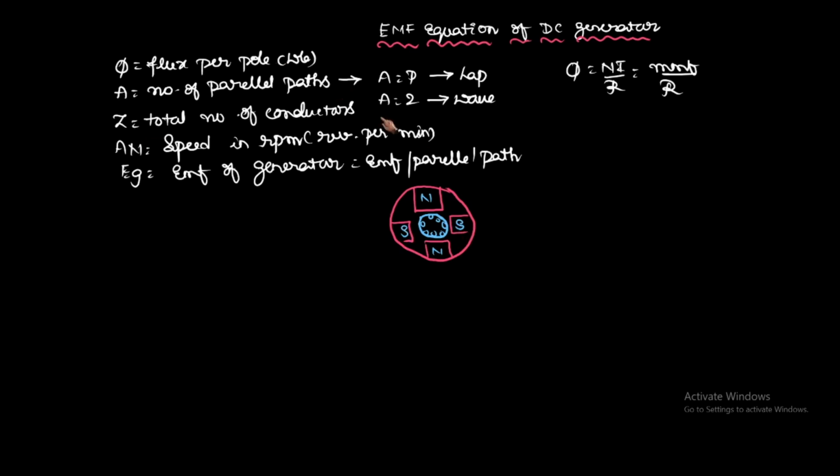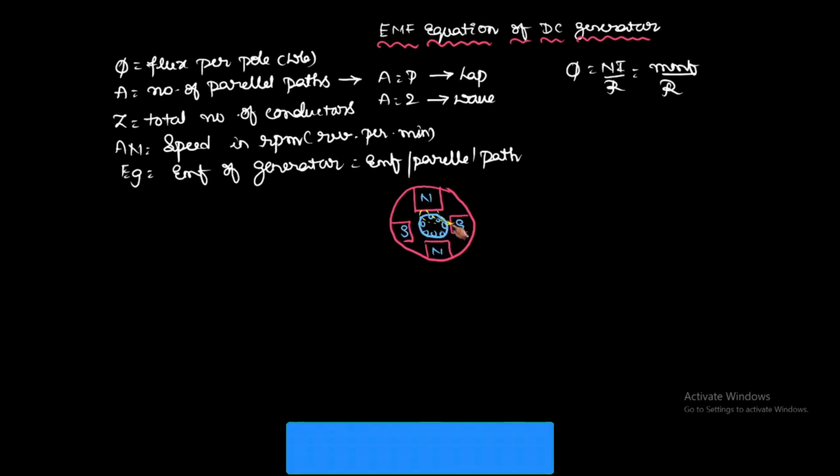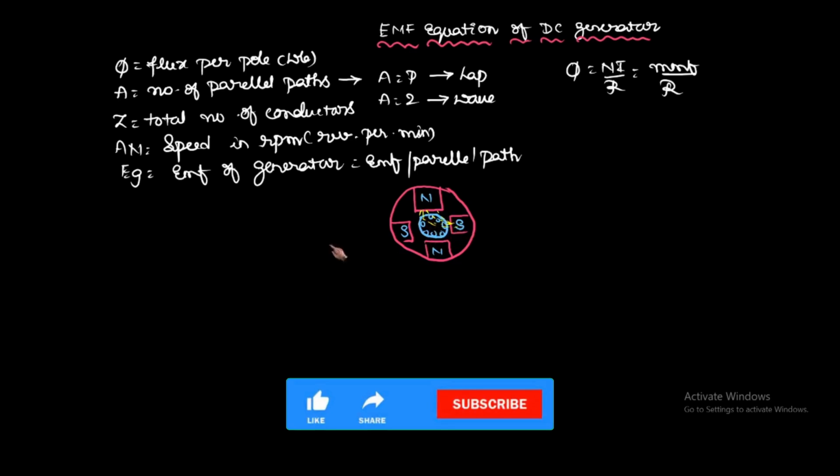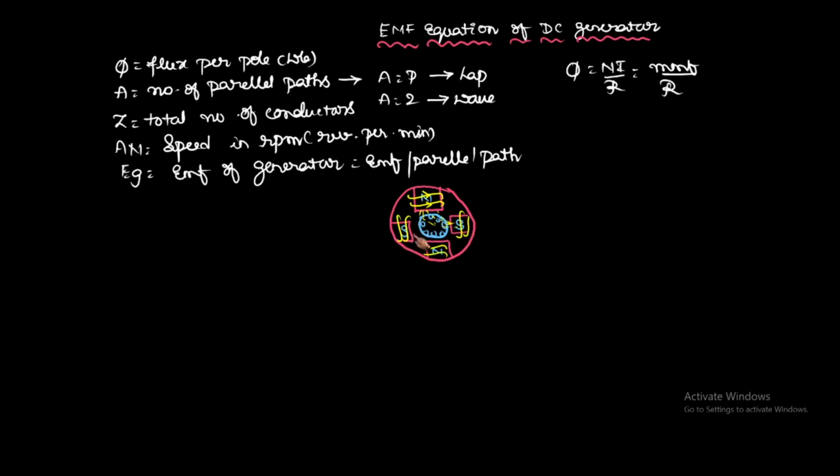The flux lines always travel from north pole to south pole like this. Every pole will have the field winding like this. The conductors are rotating in the gap between the poles and the armature.